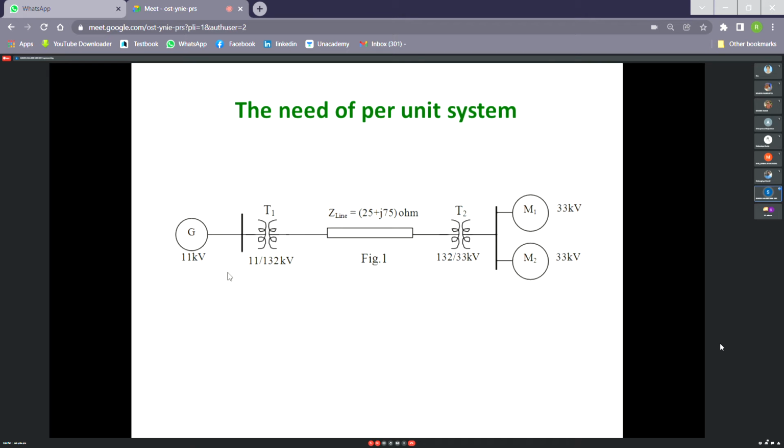But when we analyze the circuit for this transformer T1, we have to remember that the primary side is 11 kV and the secondary side is 132 kV. Similarly, for transformer T2, we have to remember the primary side is 132, and the secondary side is not 11 but 33. You have to remember this, so this is very difficult.